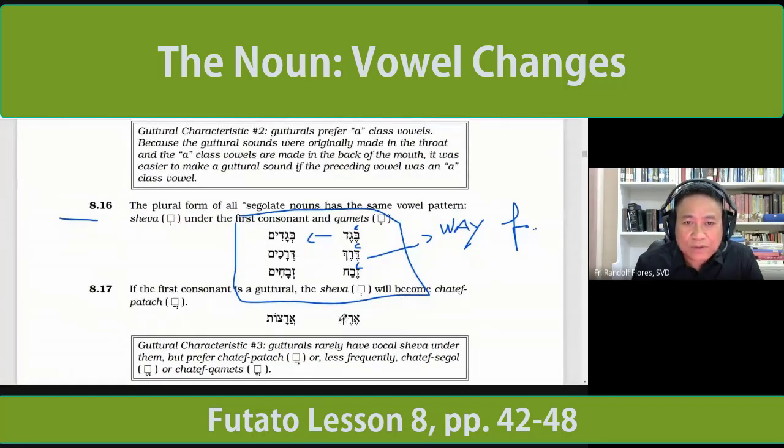Now, how about eretz? Eretz. Okay. What is eretz again? Some of you said land, some of you said earth. Better, in the book of Genesis, it is earth. In the beginning, God created the heavens and the land. Some of you wrote that.